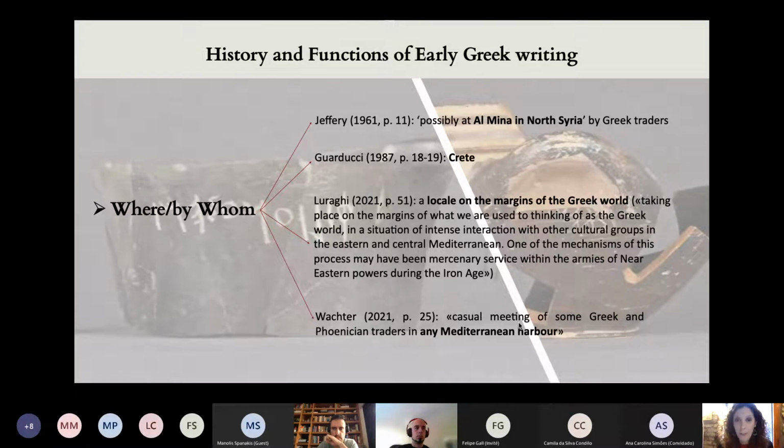So it's a theory by Luraghi and Vesta and other scholars that we just have to accept that we cannot find the precise spot, but we can say that it's one locale in the margins of the Greek world, as Luraghi said. And Vesta, in a very provocative way, said that it was a casual meeting between Greek and Phoenician traders somewhere in the Mediterranean. But the reality is, I think, like that. It's something that we cannot trace.